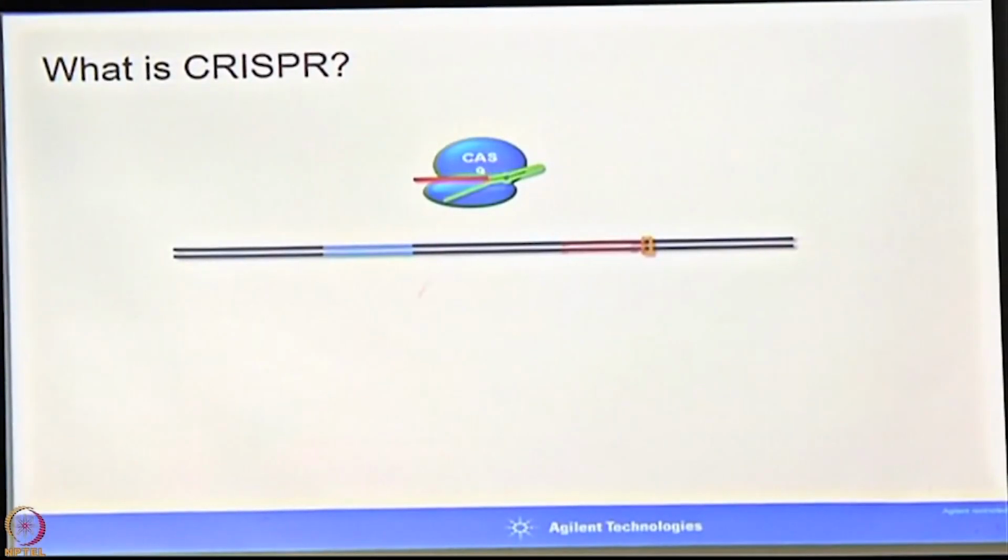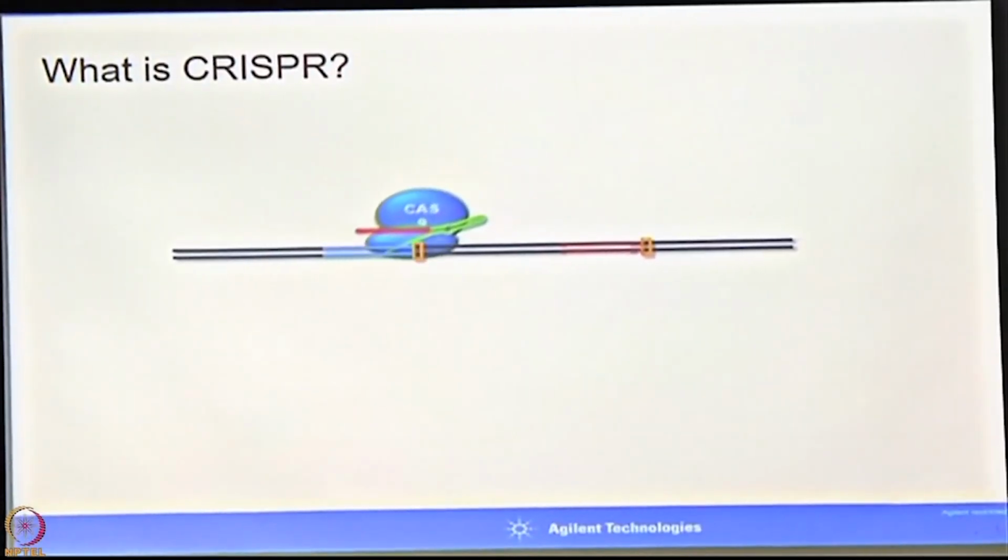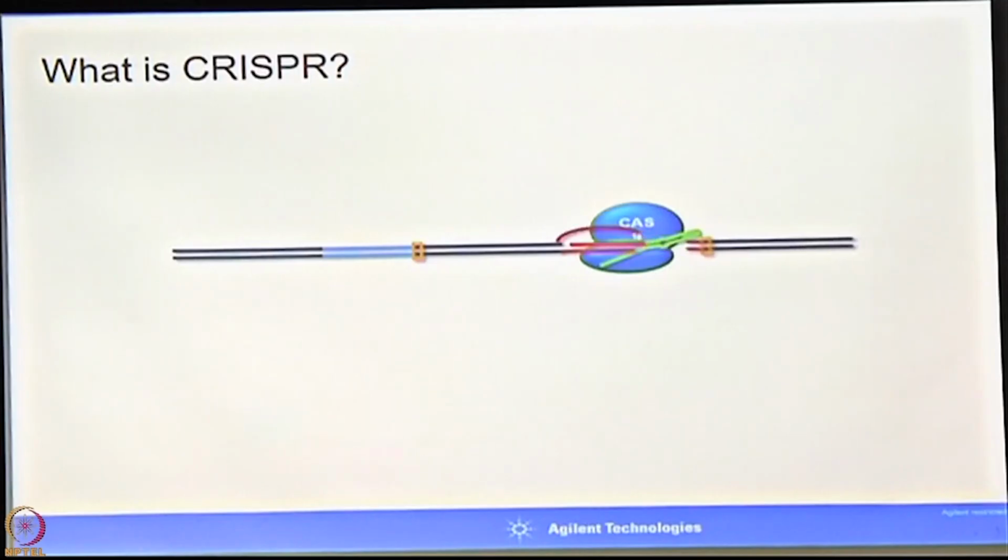When this becomes active, they attach, and it goes to the PAM site like this. If it is identical or hybridized on that, it creates a nick. This Cas9 enzyme, when the guide RNA is specific to that, creates a nick. Now it allows you three possibilities.